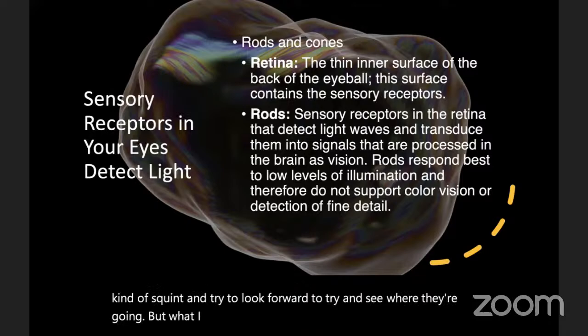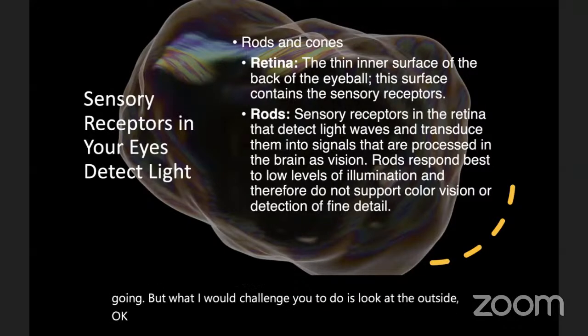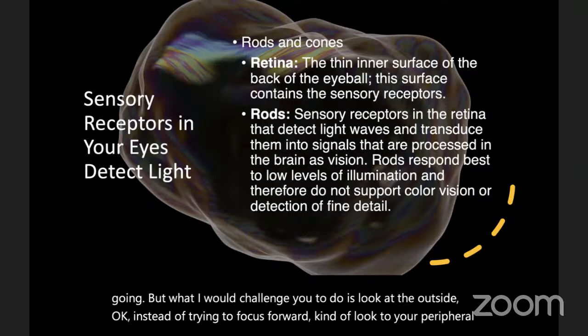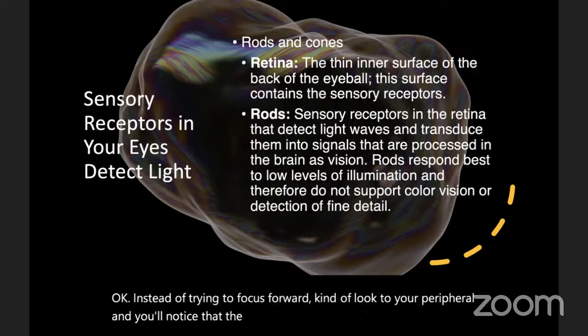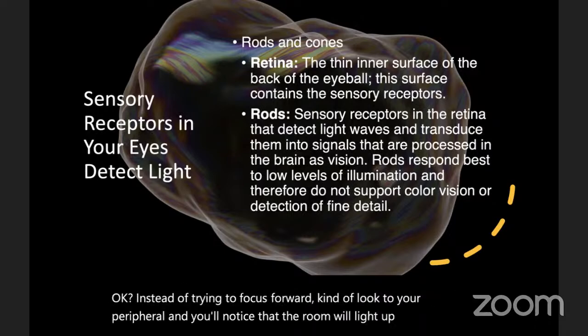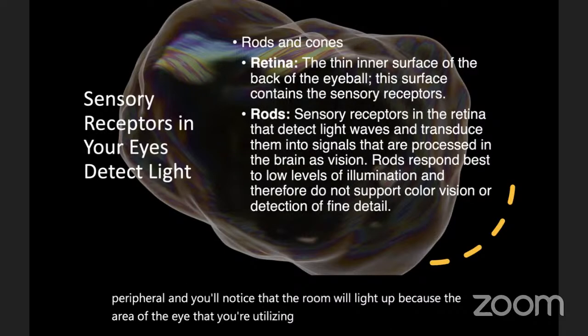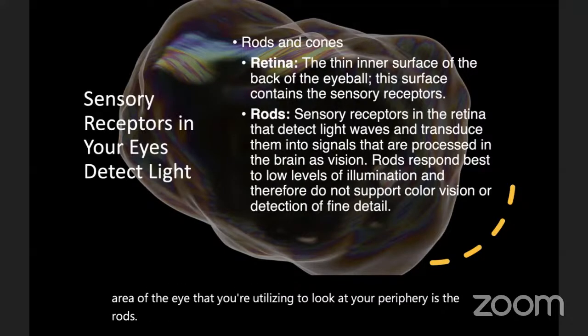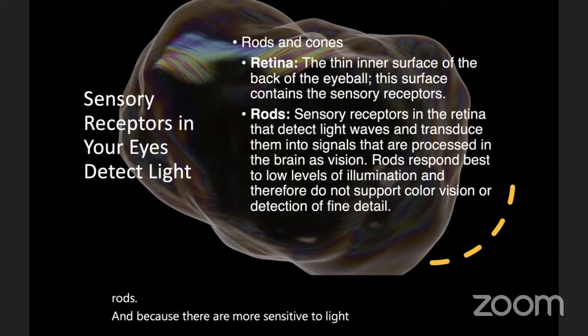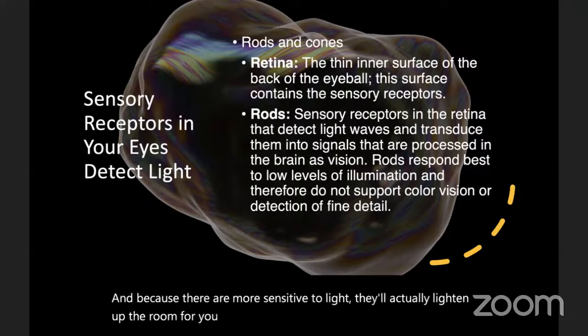But what I would challenge you to do is look at the outside, okay? Instead of trying to focus forward, look to your periphery, and you'll notice that the room will light up. Because the area of the eye that you're utilizing to look at your periphery is the rods. And because they're more sensitive to light, they'll actually lighten up the room for you, okay?